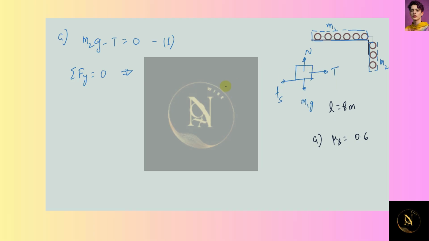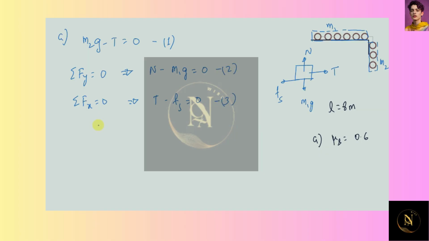In y direction we have only two forces, so N minus m1g is equal to 0. Next is sigma Fx equals 0, so T minus Fs is equal to 0. So this is equation 2 and this is equation 3.